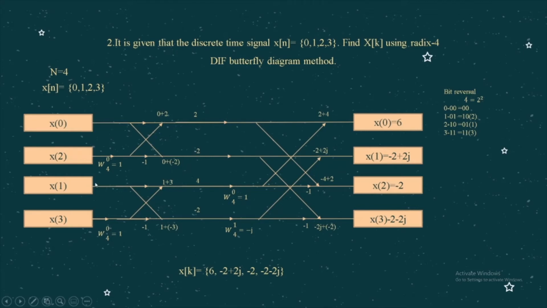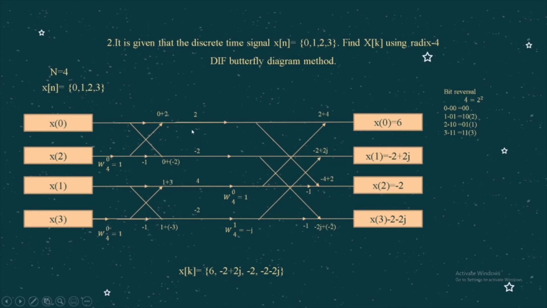For x of 1, 1 plus 3 equal to 4. And for x3, 1 plus 3 times negative 1 equal to negative 2.